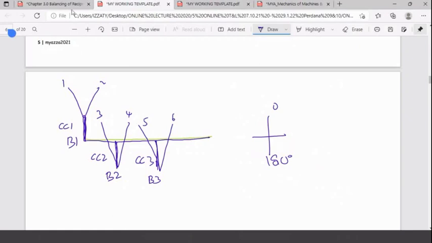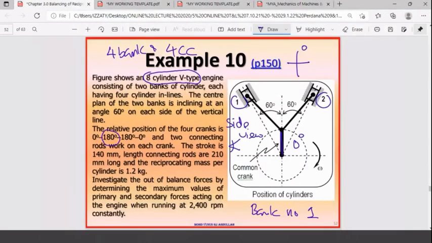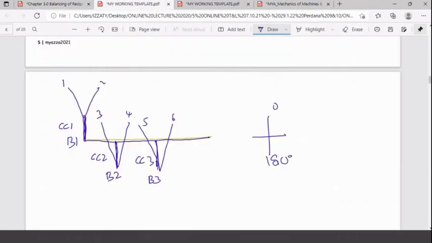The last bang, at 0 degrees, will carry the last 2 cylinders, 7 and 8, so it will be pointing upward. This one is cylinder number 7, number 8, bang 4 and also common crank 4.